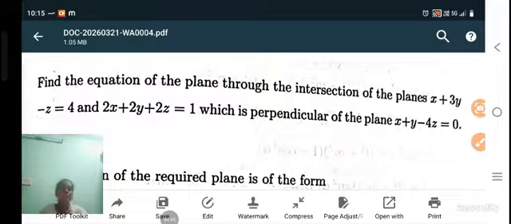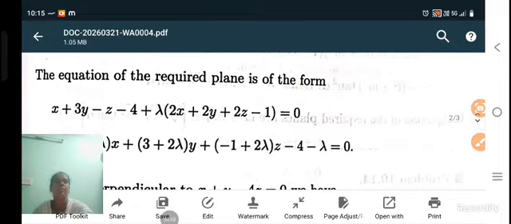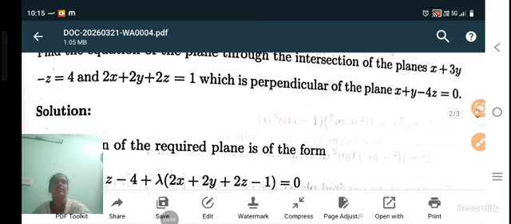Let's solve this step by step. Given two planes are x plus 3y minus z equal to 4 and 2x plus 2y plus 2z equal to 1.